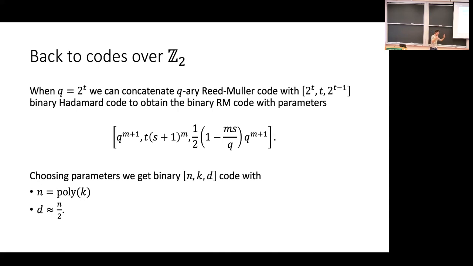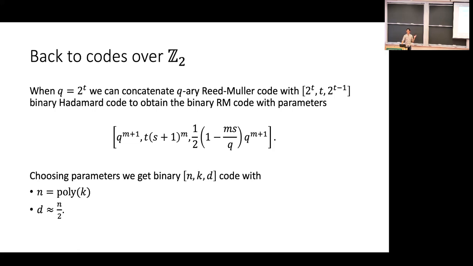You can also convert it back to a binary code, just to keep things nice. At the end of the day, what do you get? You get a code with the following properties. The distance is very close to 1/2, just like with the Hadamard code. But now the redundancy is much better. The block length is only some polynomial in k, not exponential like what it was before. You get this from the Reed-Muller code.